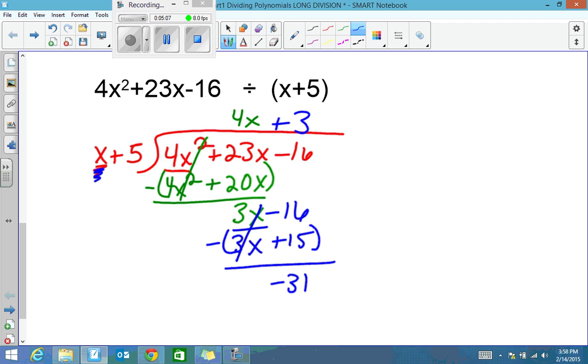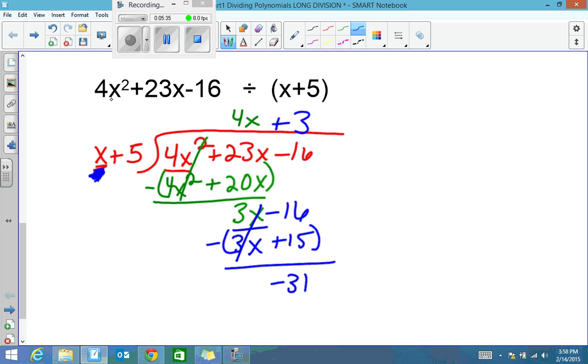Now at this point we really can't go any further because there's nothing that we could multiply this x by to get a negative 31. So we're finished now, and basically you're finished anytime your divisor is of a greater degree than what you're trying to divide. In this case, this is a constant, and x to the first is a higher power, so we're finished.